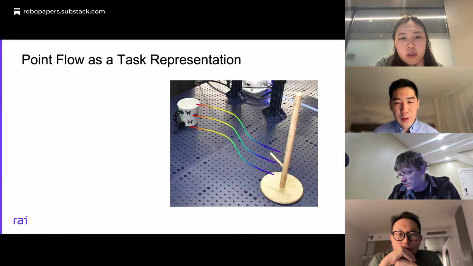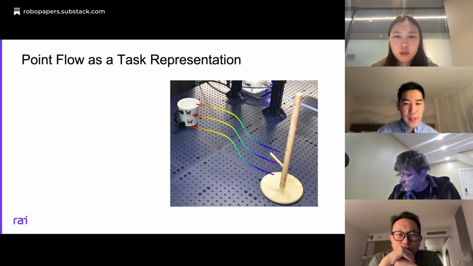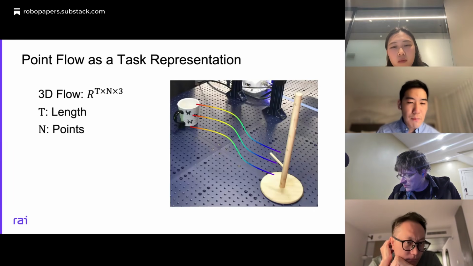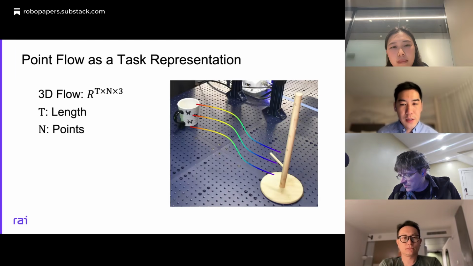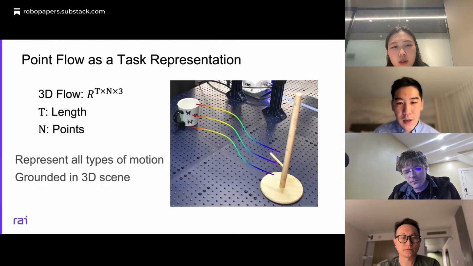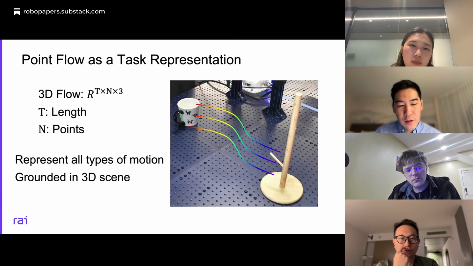For example, if we want to hang the mug on the rack, it will generate all the points on the mug as a 3D flow towards the rack. It's a very simple definition, which is T by N by 3, where T is the length of the flow and N is the number of points on this flow. So it can represent all types of motion and is also directly grounded in the 3D scene.